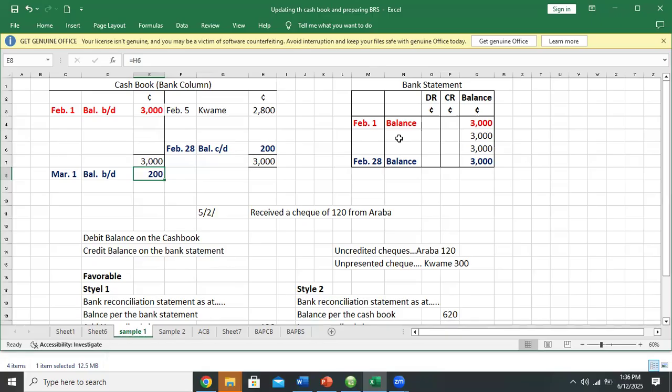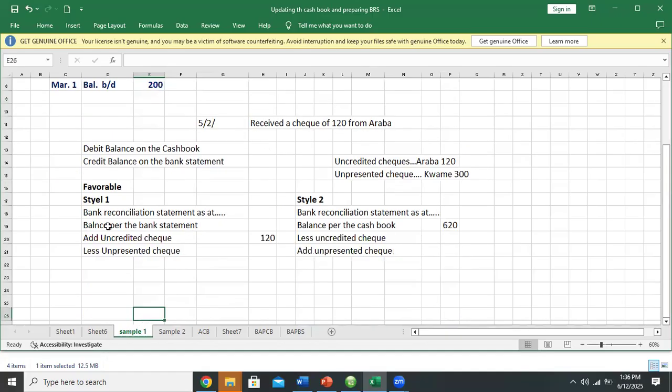A check that has not been presented to the bank for payment. So when you realize that, you can either start with the balance on your cash book or the balance on the bank statement. If you start with the balance per the bank statement, you less unpresented checks, and you add what?